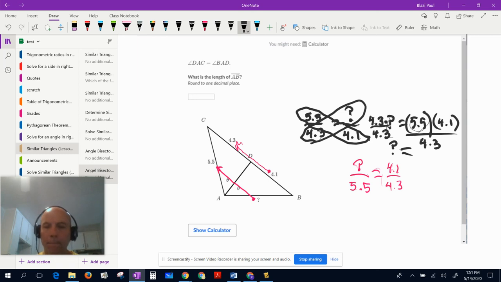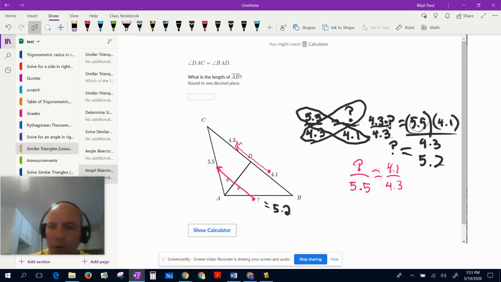Boom. Question mark equals 5.244186047, but the problem says round to one decimal place, so 5.2. So question mark equals 5.2.